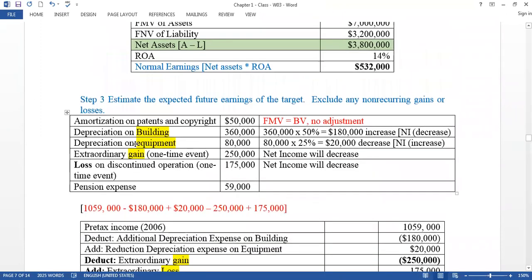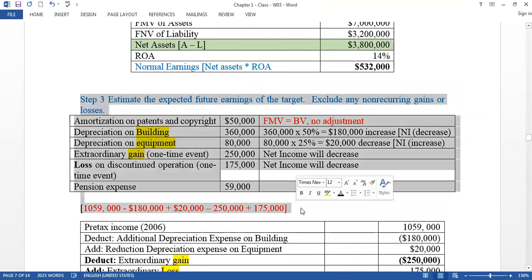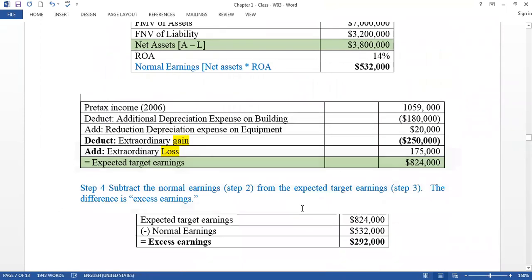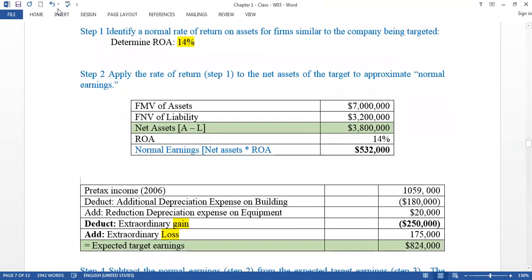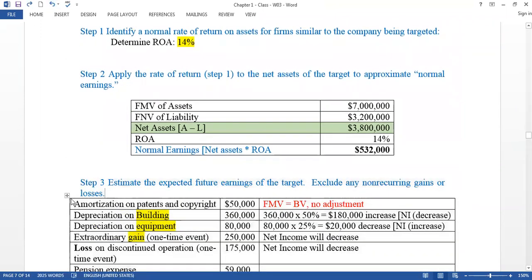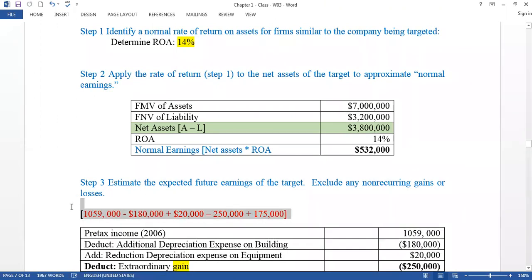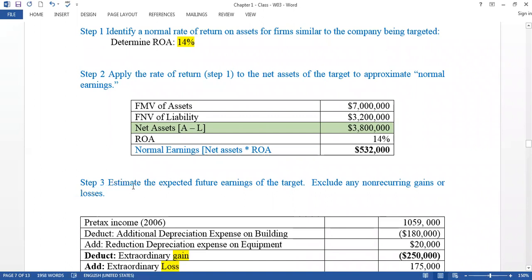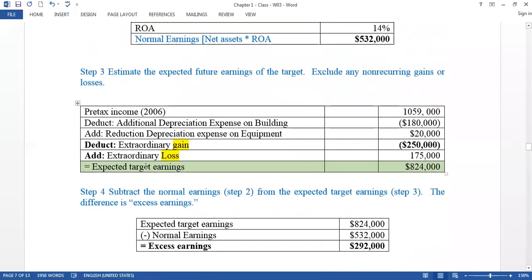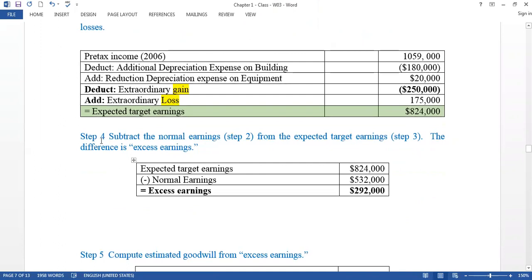Now I told you that if you make a mistake in step 3, then you have a chance to make mistakes in the other steps. So this is step 3. If you have a mistake here, steps 4, 5, 6 will also be mistaken.